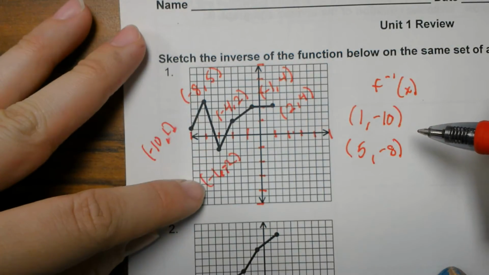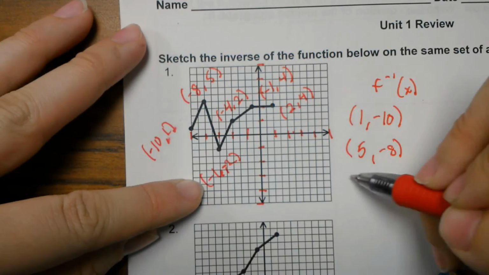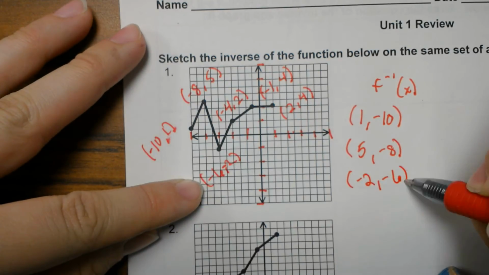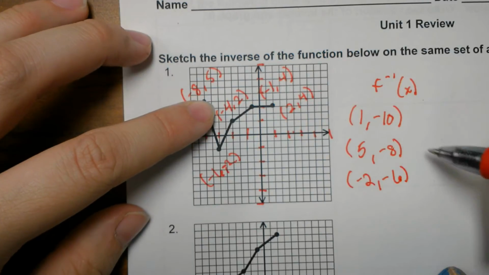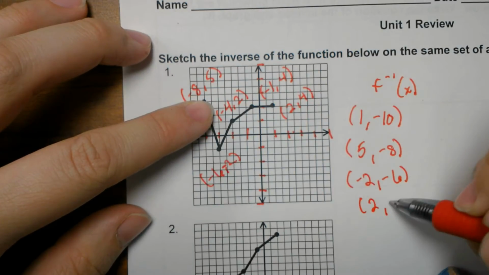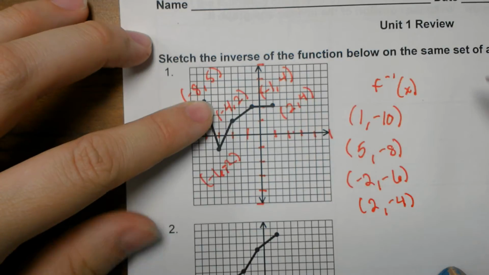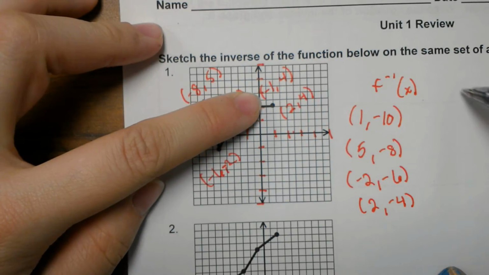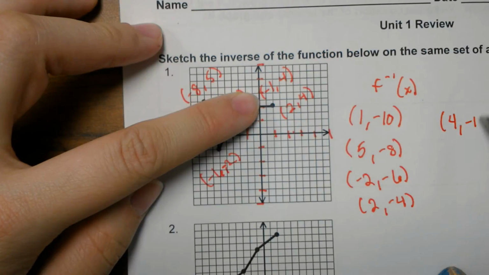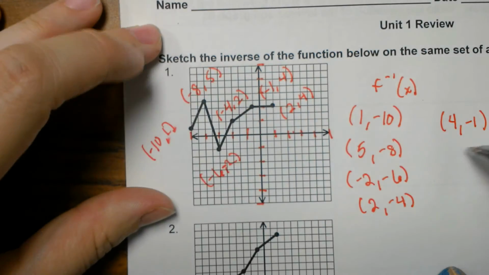The next one is -6, -2. That's going to be at -2, -6. -4, 2 is going to be at 2, -4. The -1, 4 is going to be at 4, -1. And then 2, 4 is going to be at 4, 2.